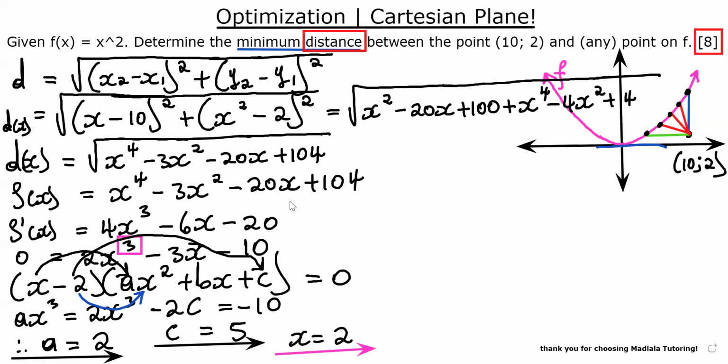But if you are a university student, remember, you need to convince us that x equals 2 is indeed at the absolute minimum. For high school learners, it's the local minimum, but for university students, it's the absolute minimum. And of course, you know the difference between the two. Well, if you're in high school and you don't know the difference between the two, you don't need to stress. You're still young for that.